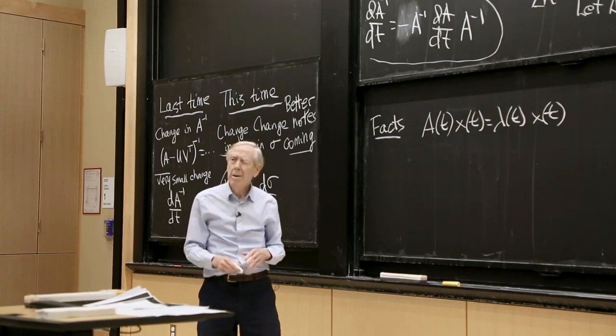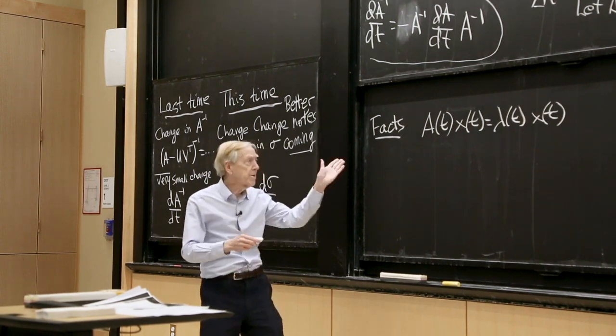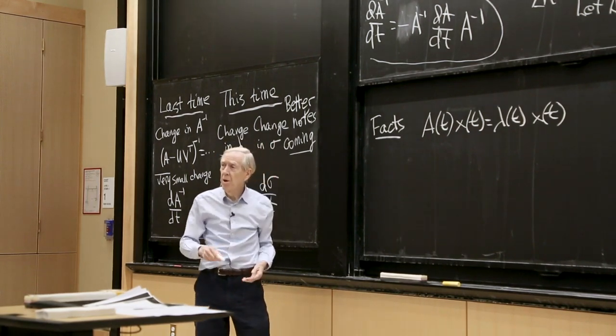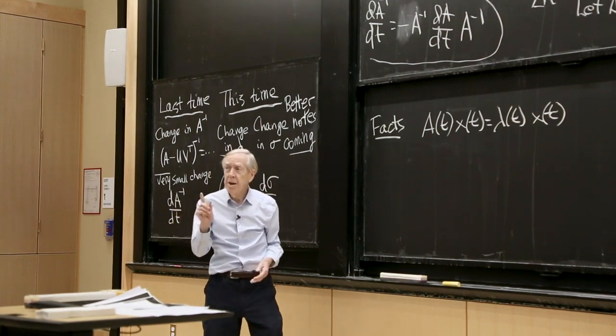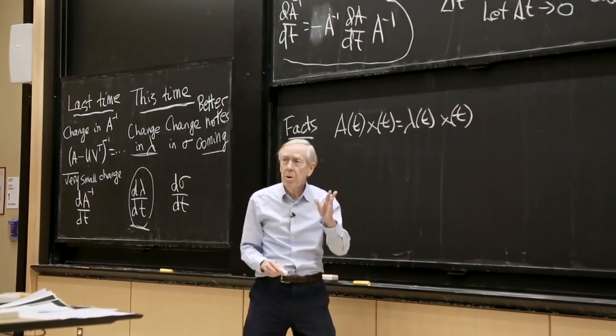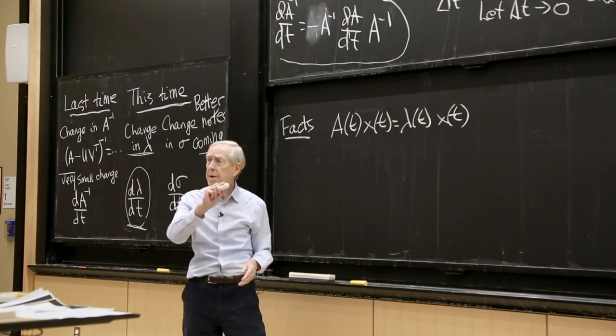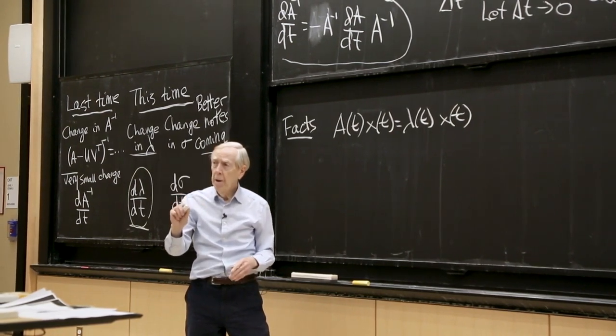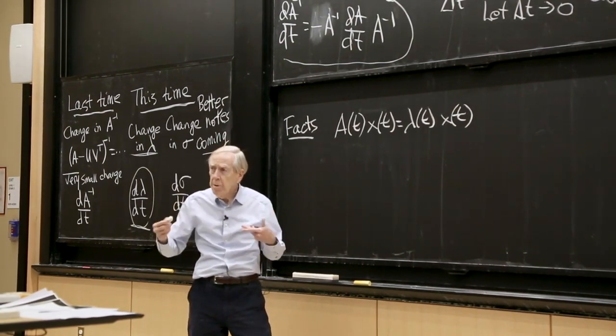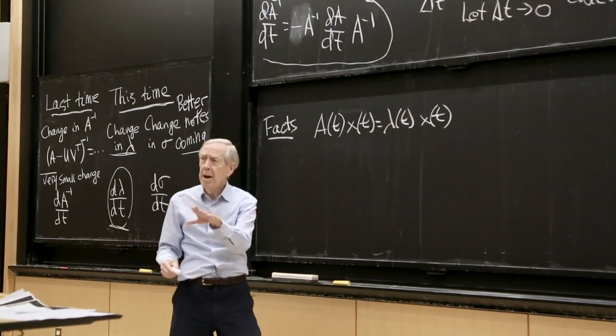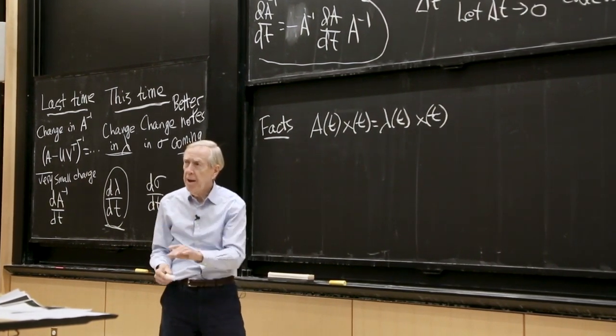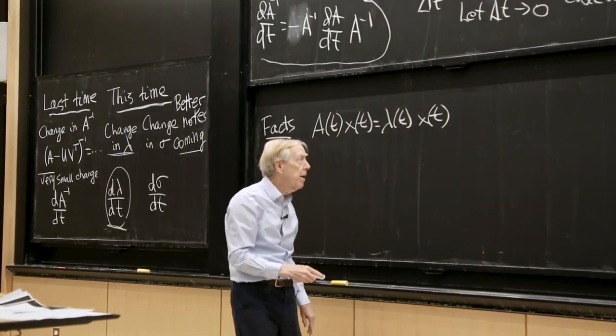To keep it separate from this one, let's call it Y. It'll have the same eigenvalue. I'm going to call it Y, but I'm going to make it a row vector. Because instead of writing down A transpose, I'm going to stay with A, but put the eigenvector on the left side.